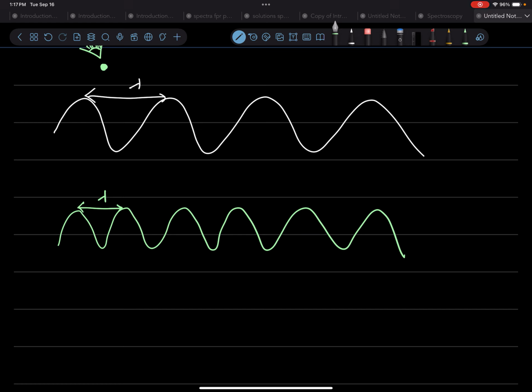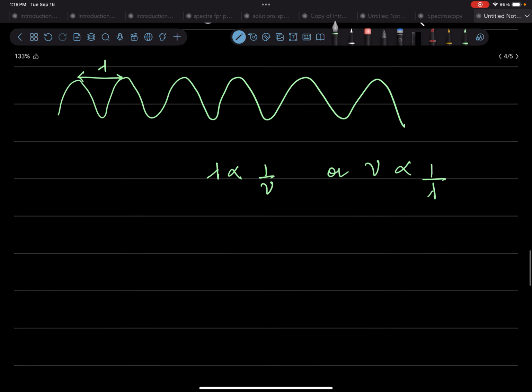The other one is a bigger one. So wavelength is inversely related to frequency, or frequency is inversely related to wavelength. By inverse relation, we mean if one thing increases, the other decreases proportionally.